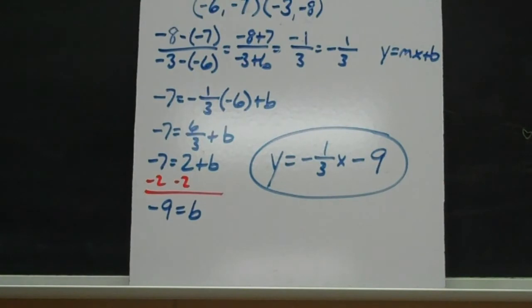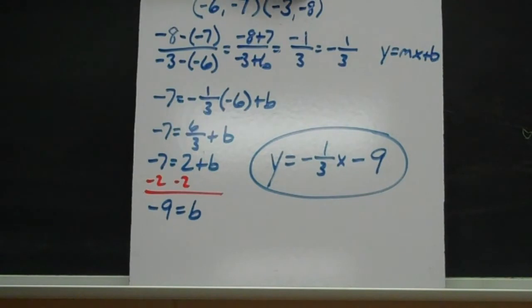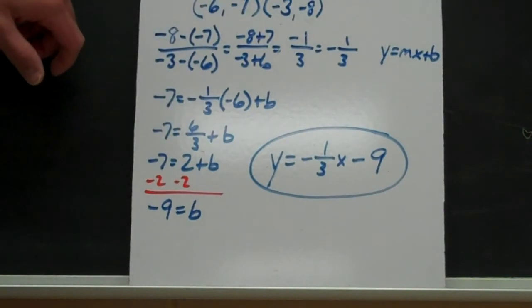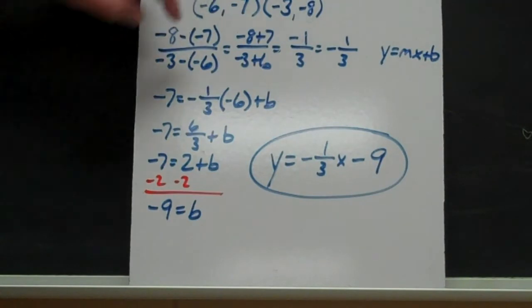Same concept with this problem here. The only difference is the slope is going to be a little bit more difficult to figure out. y2 minus y1, negative 8 minus negative 7, on top. On the bottom, x2 minus x1, negative 3 minus negative 6.